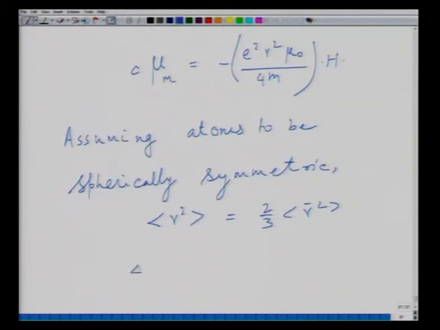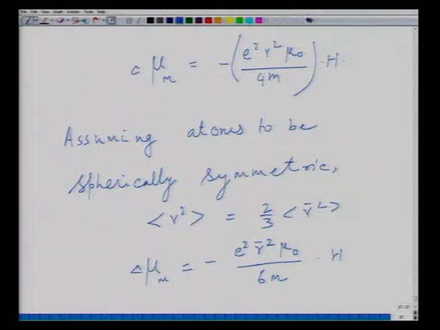And this delta mu m becomes minus e square r bar square mu naught divided by 6m into H. So this is the change in the magnetic moment.